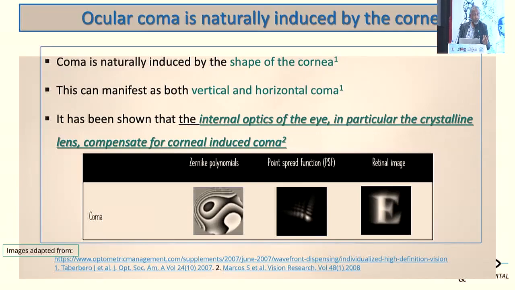In our eye, because of the position of the eye and the tilt in the optical axis, we have naturally occurring coma aberration, which could be vertical or horizontal. This corneal coma is also compensated by the decentration and tilt of our human crystalline lens.